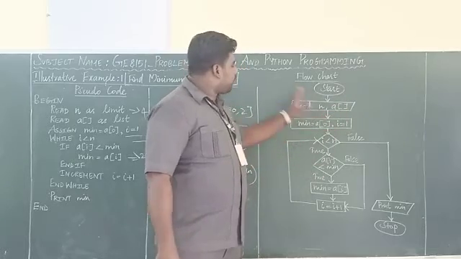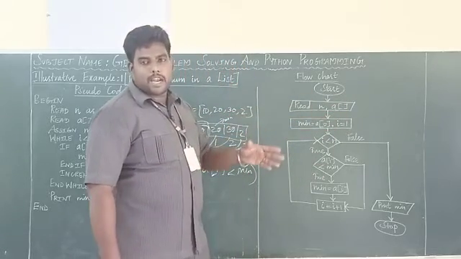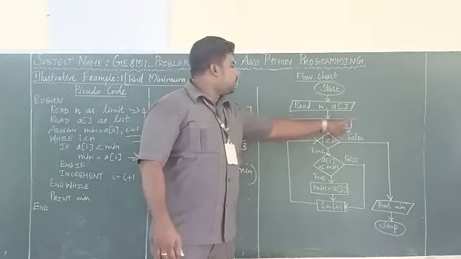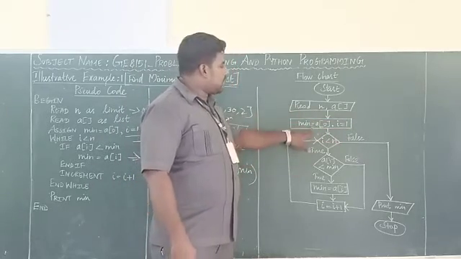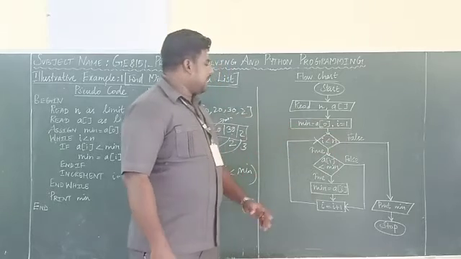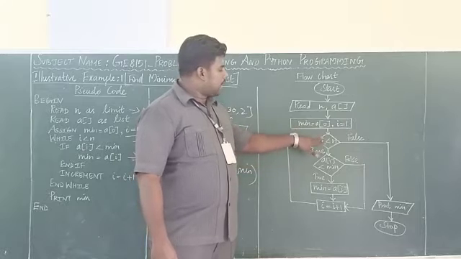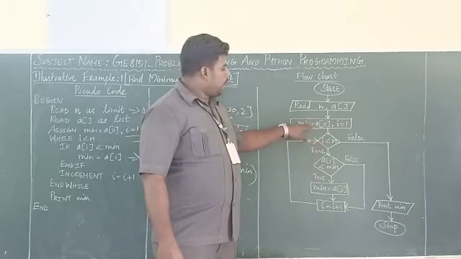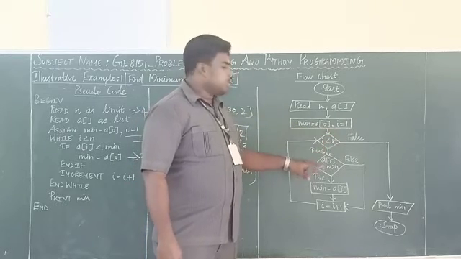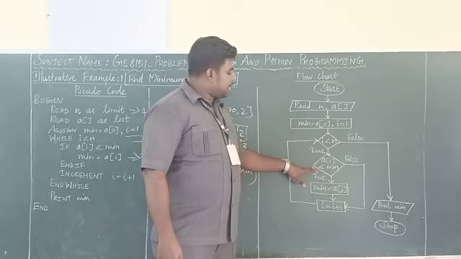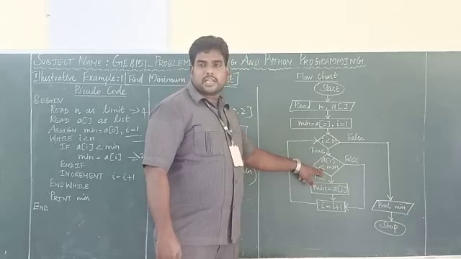So you are going to read the n value as well as the list here. Then assigning. For reading, which symbol do you have to use? Parallelogram symbol. For assigning, that is process calculation, we have to use the rectangle symbol. That's for assigning and initialization. Then as you are using a while loop, you are checking a condition, right? So again here selection. While i less than n. If the condition is true, again you have to check the if statement, a of i less than min.